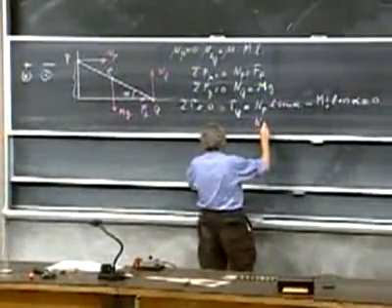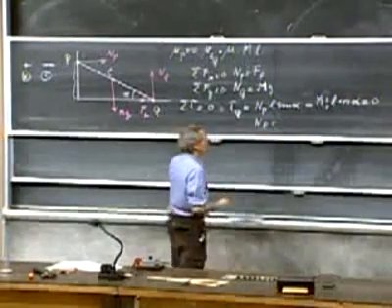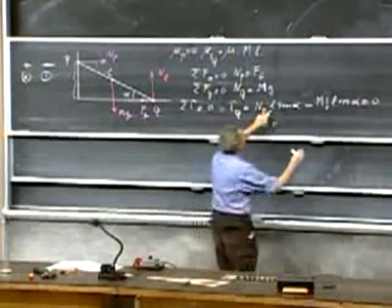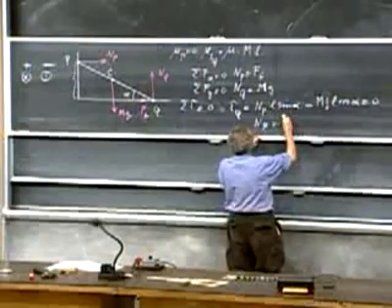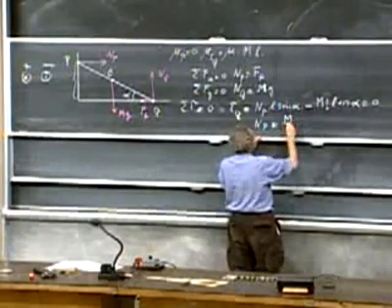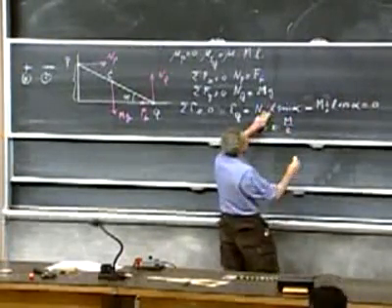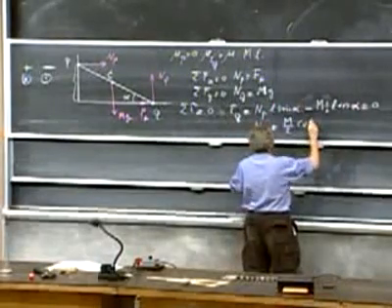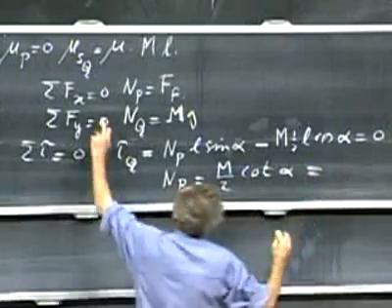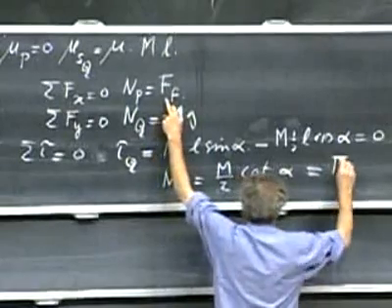So I find then that N of P, the normal force at point P, I lose my L, equals M divided by 2 times the cotangent of alpha, and that must be the frictional force.